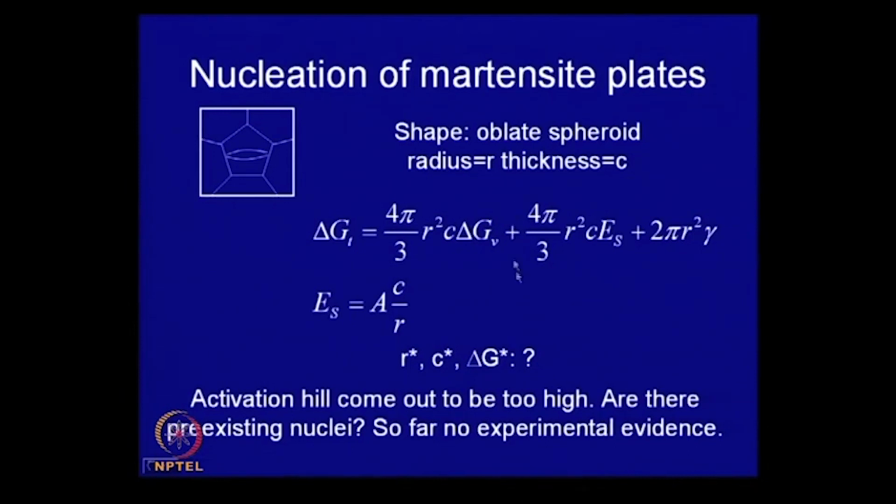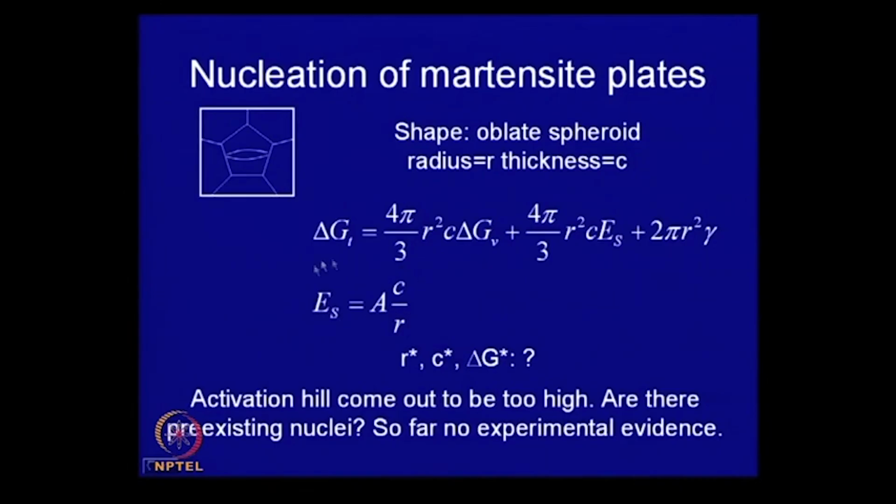Then there will be a strain energy associated with it, which will be positive. So this will be volume multiplied by that strain energy, and usually the strain energy is a function of the shape of this plate. So how much is the C over R ratio?